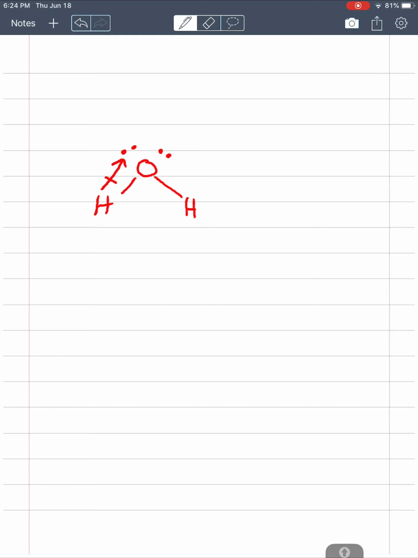So the arrow kind of goes like this. Do they cancel each other out? No, they're pointing in the same direction. They're overall pointing this way. So this one is polar. You can also tell because everything connected to that oxygen is not the same. So let me show you what I mean.